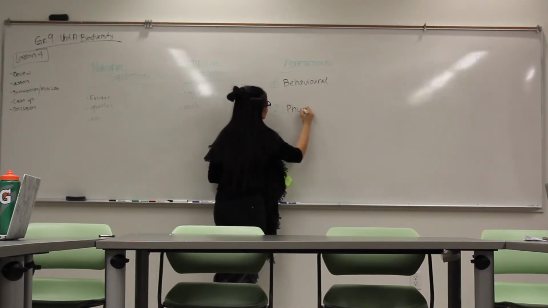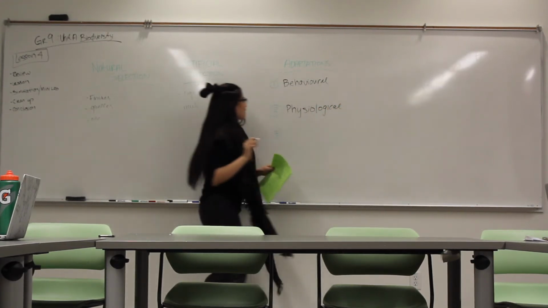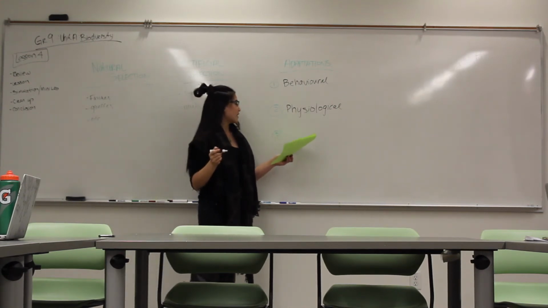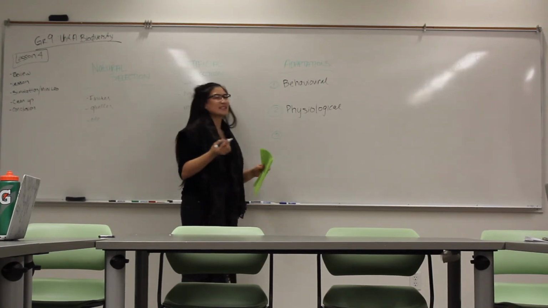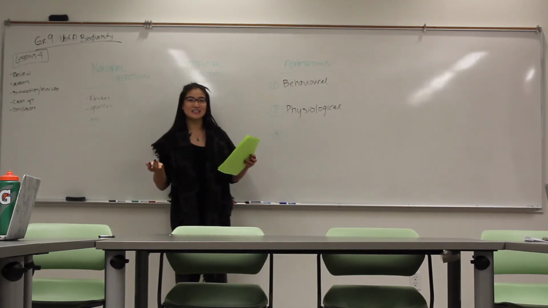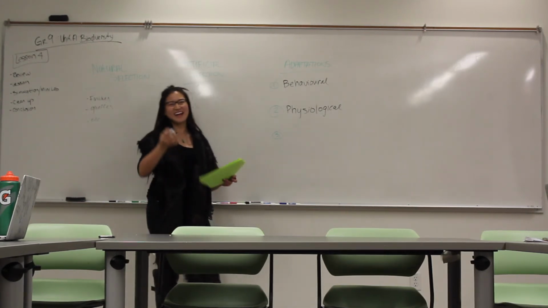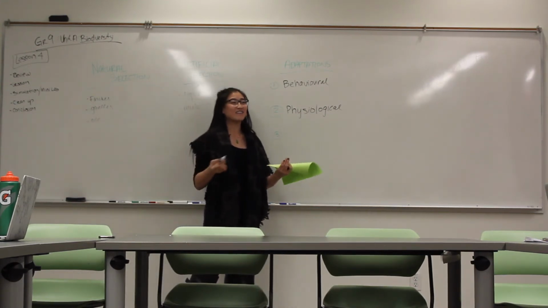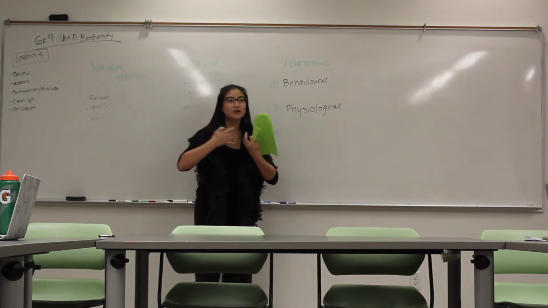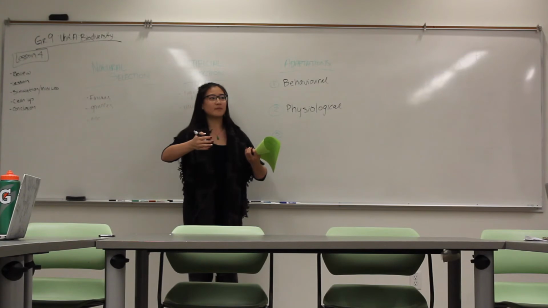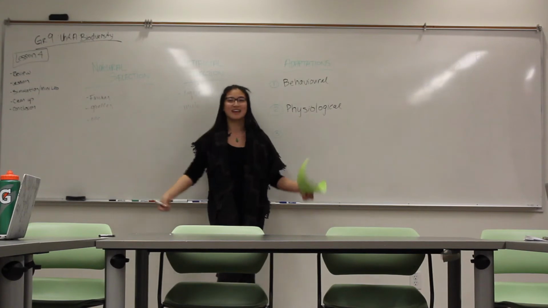The one that you guys need to know is physiological. This is traits that allow organisms to perform special features, such as slime or venom in snakes. In certain fishes, when they feel invaded, they produce a slime that will allow the predator to not be able to catch them, so it just slips out.